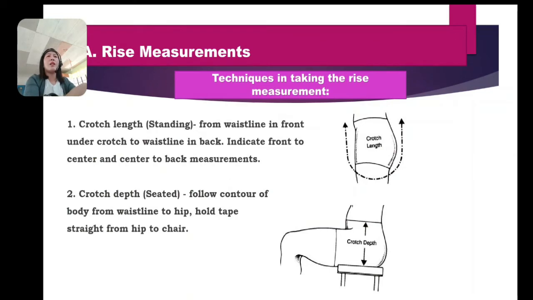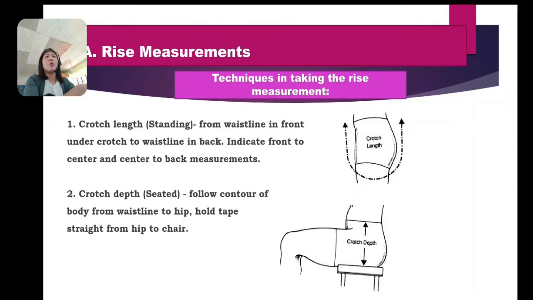So next is for rise measurement. For rise measurements or your crotch measurements, we have 2 techniques on how you're going to take your rise measurements. First is a standing position.